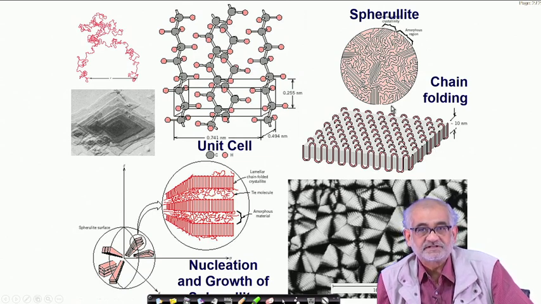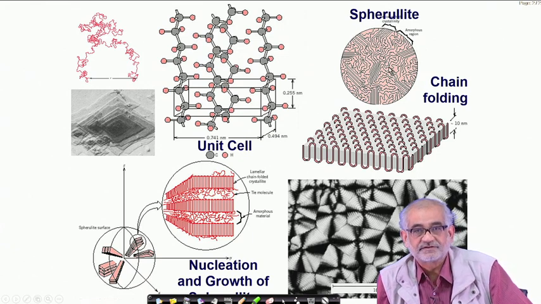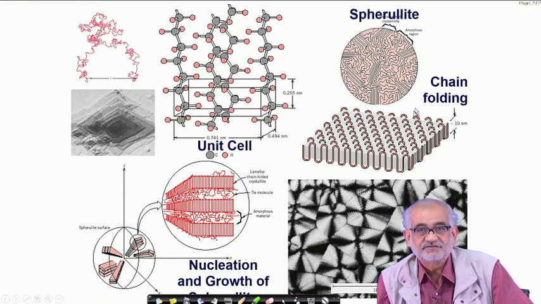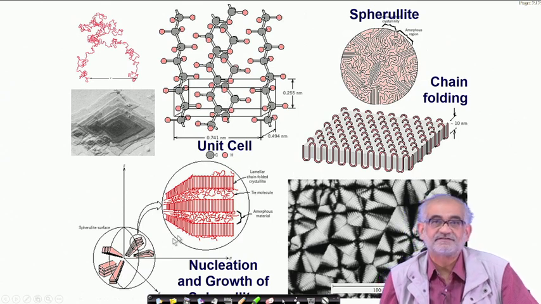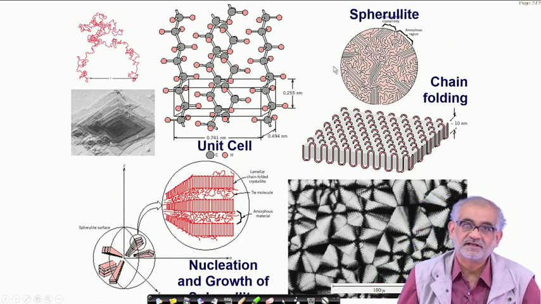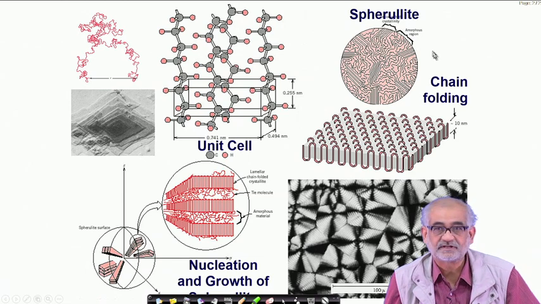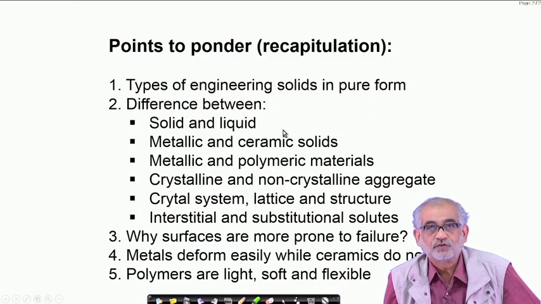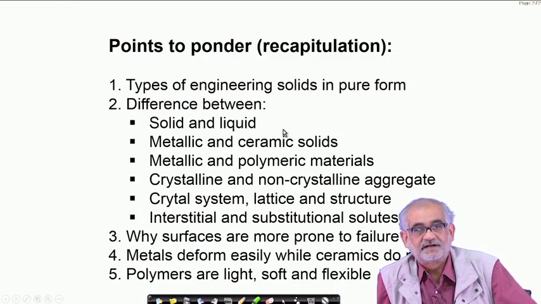The polymer crystallites, like in metals and ceramics we call them crystallites or grains, the equivalent of that in polymeric material is called a spherulite, because they actually form such sphere-like structures, and a section of that sphere will manifest as such spherulites.